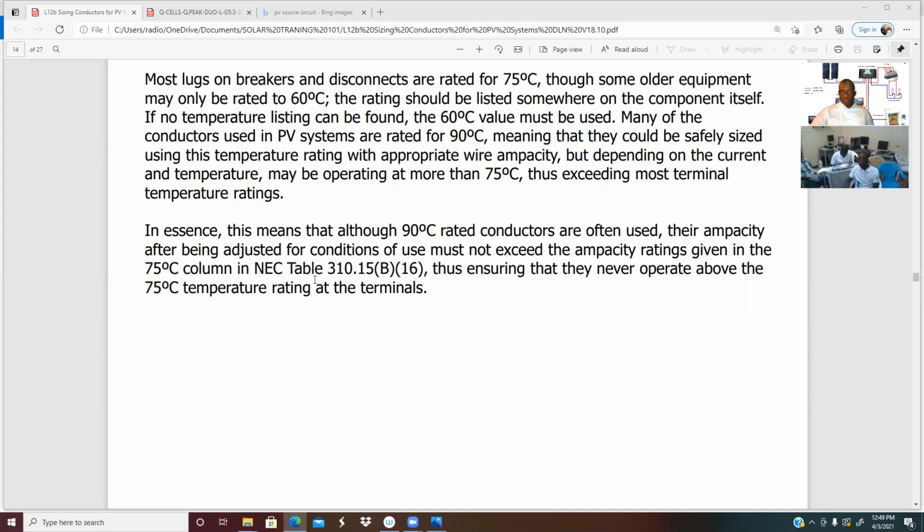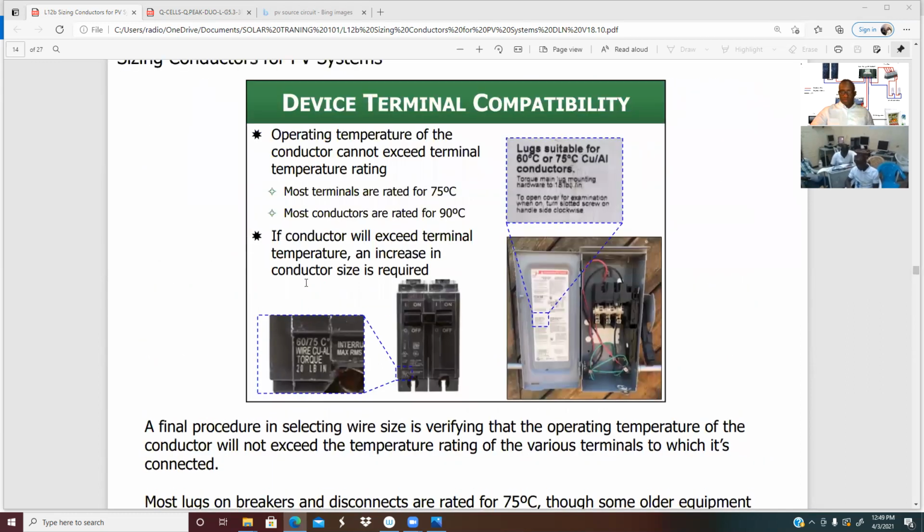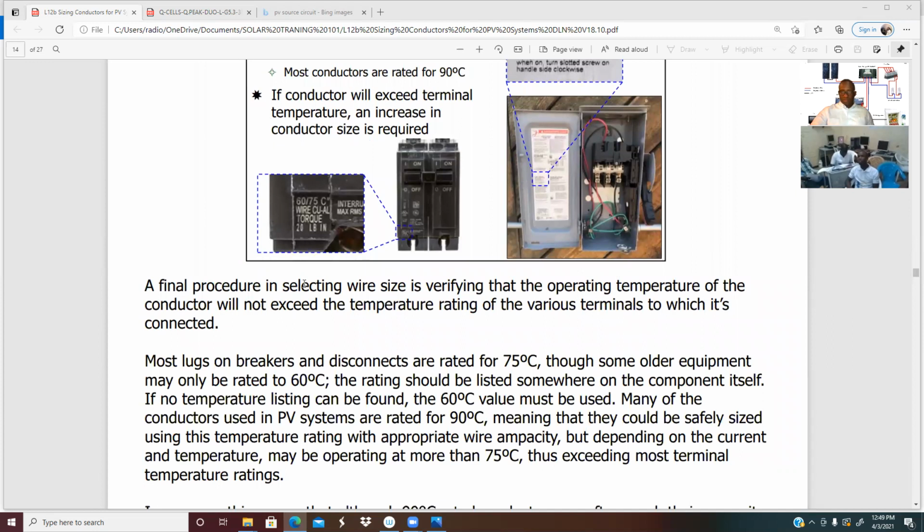So it's the terminal that we should be considering; it should not be above 75 degrees, although the conductor is 80 or 90. Let me make this simple. This is the airport. You have terminal A, you have terminal B, not so?